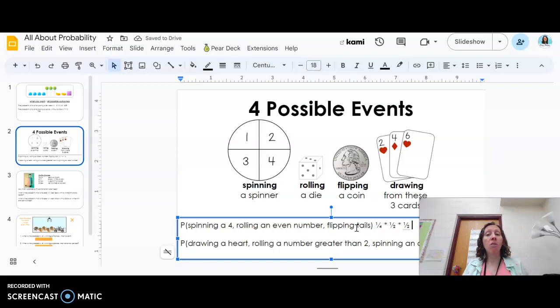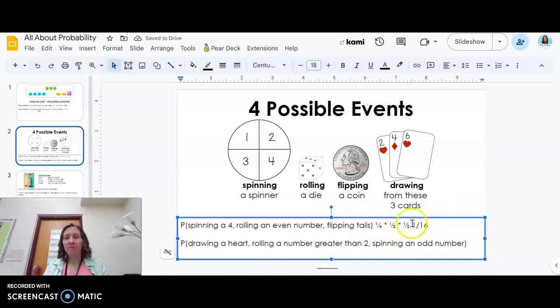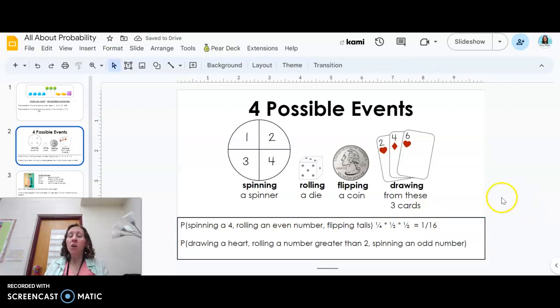So if we multiply all of that together, 1 times 1 times 1 on top is 1. And on the bottom, 4 times 2 is 8, and 8 times 2 is 16. So 1/16. All right, so that would be our final probability, and that again would be something that is unlikely.